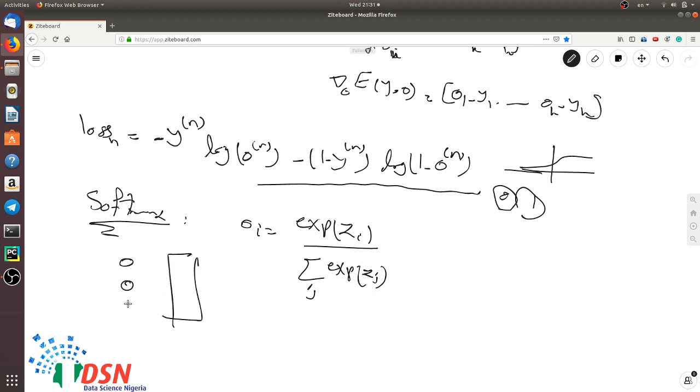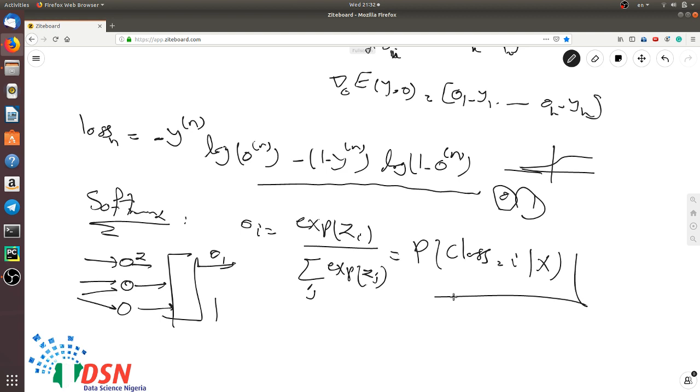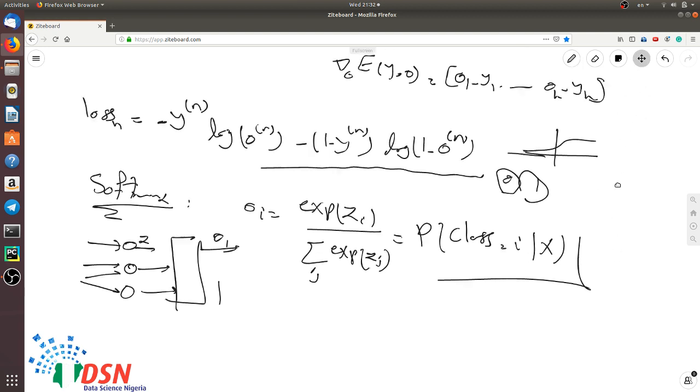Let's say this is the output neuron, so we have z in here. Then we take softmax to calculate the output. In this case, we could interpret these as the probability of class i given the input x, right?